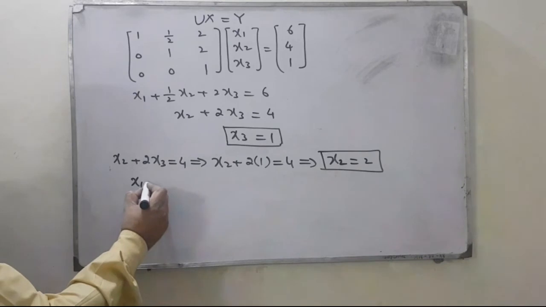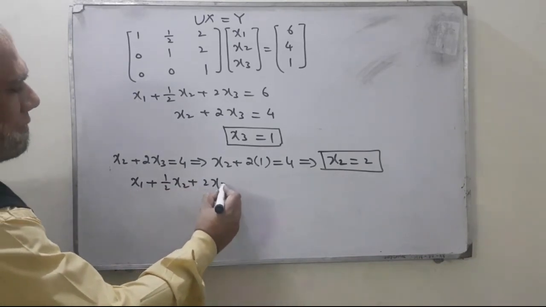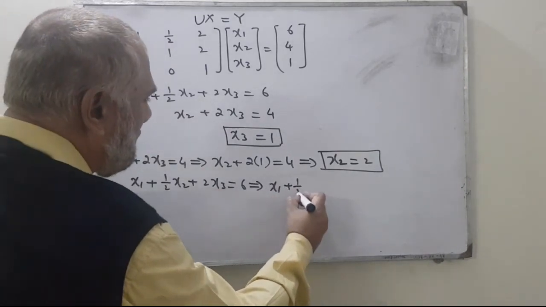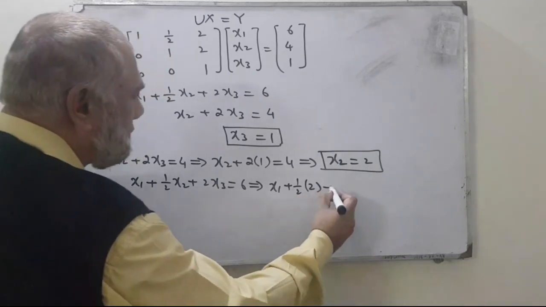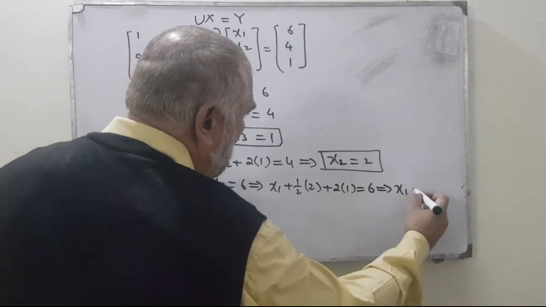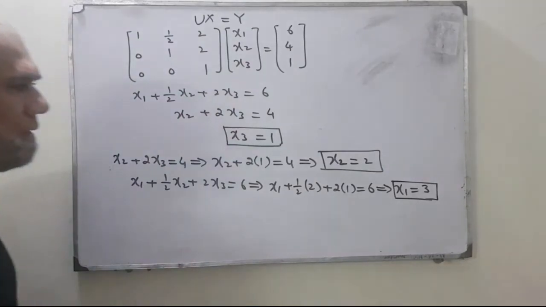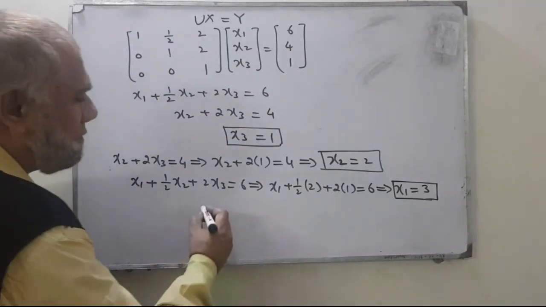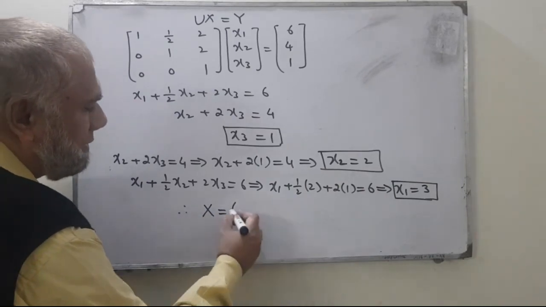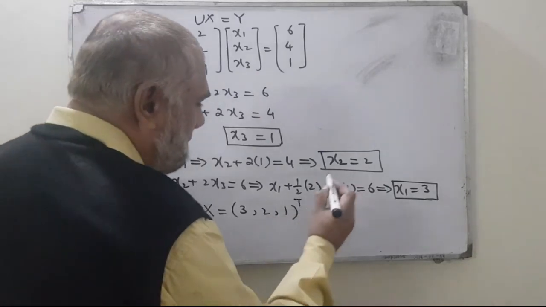And from equation number 1 we get x1 plus 1/2 x2 plus 2x3 is equal to 6. x1 plus 1/2 times 2 plus 2 times 1 is equal to 6. On simplifying we get x1 is equal to 3. So ultimately we succeed in finding the solution of the system of linear equations. Therefore the solution is x equal to 3, 2 and 1.